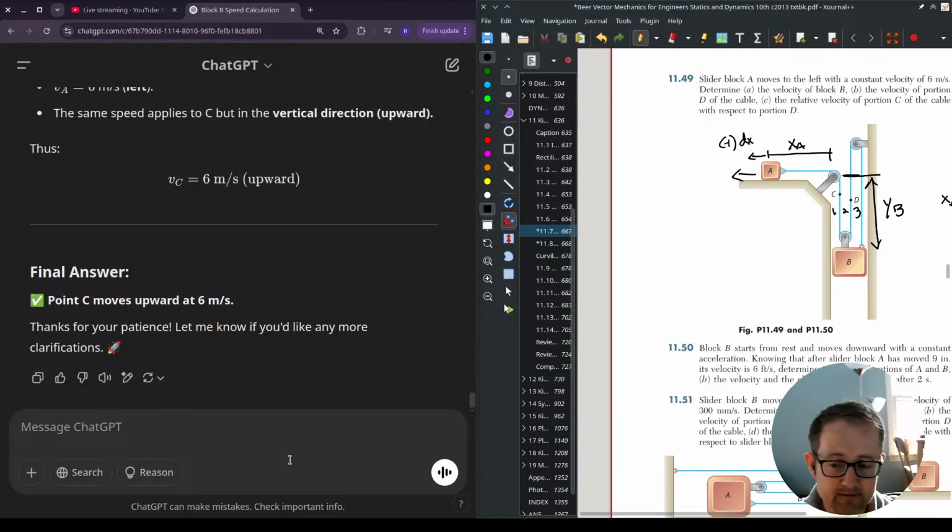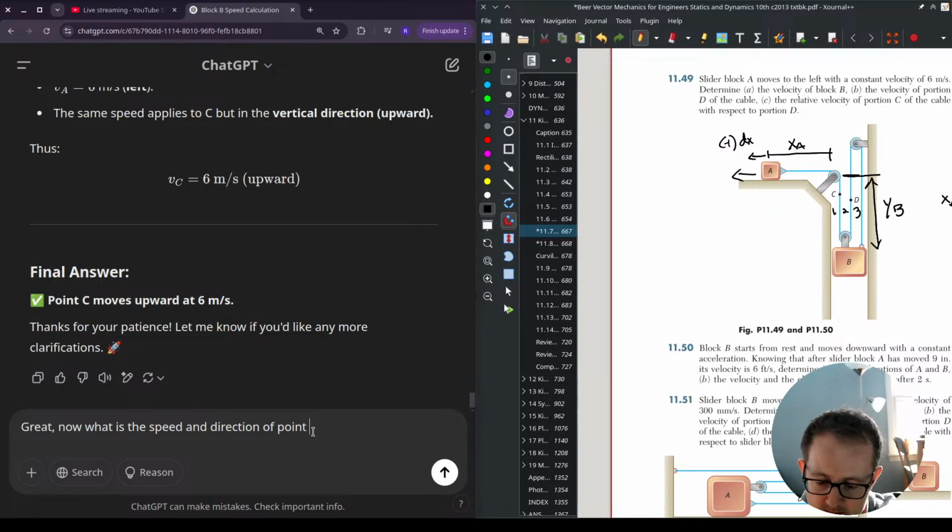So let's see if D will really throw it for a loop. Great. Now, what is the speed and direction of point D?